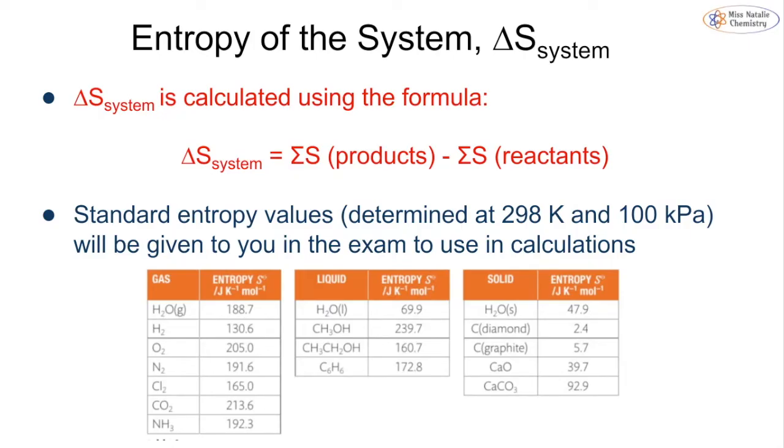You can see some examples here where gases have particularly high values because they are all randomly moving with lots of different possible arrangements. Liquids are a little bit lower, and then solids have low entropy because the particles don't move, they're in a fixed position, therefore they have much less possible arrangements, therefore a lower entropy.